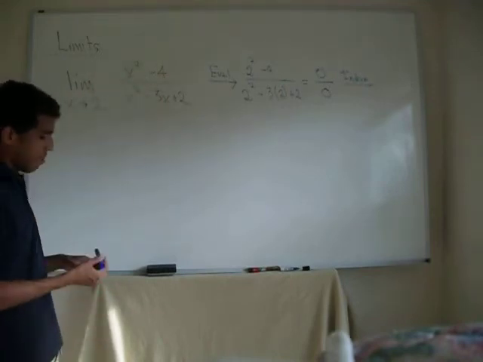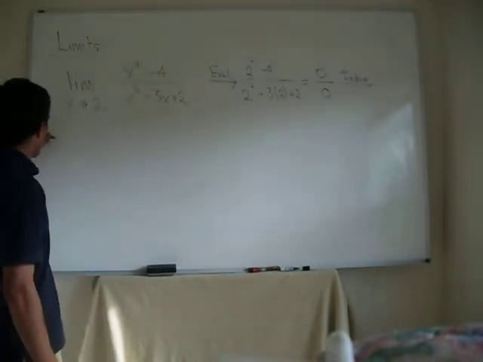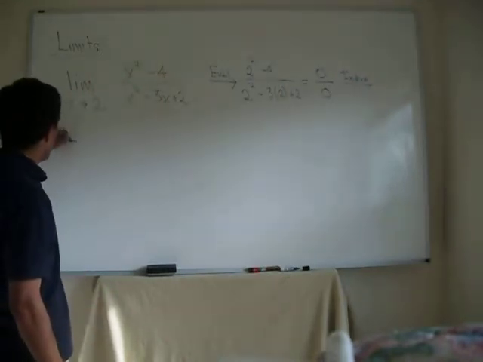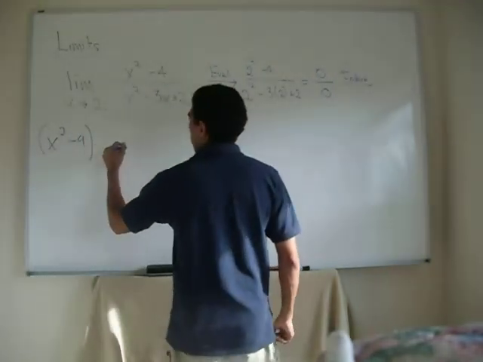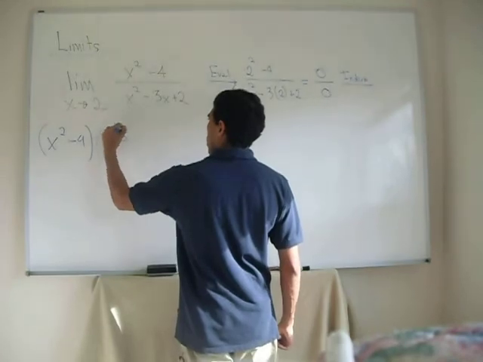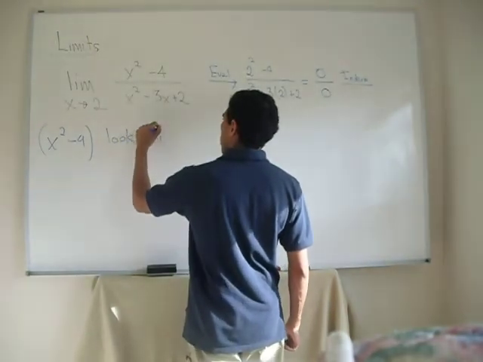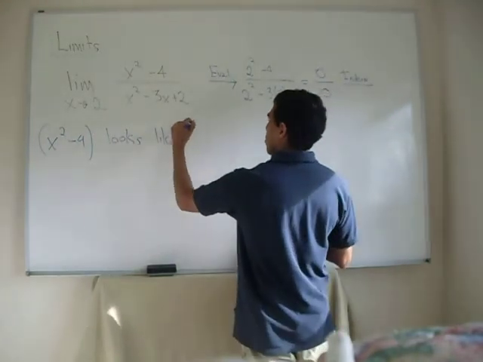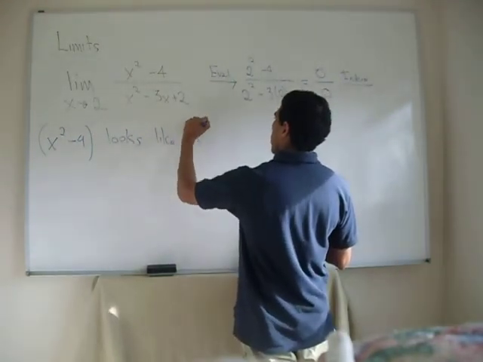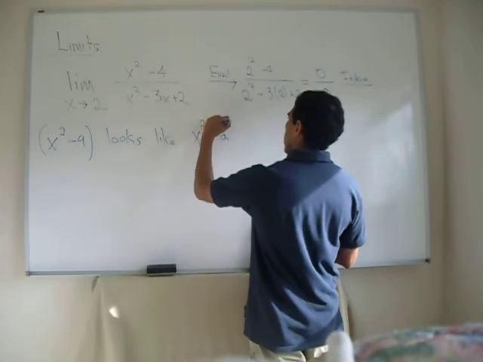This right here, x squared minus 4, looks like if I had x squared minus a squared.